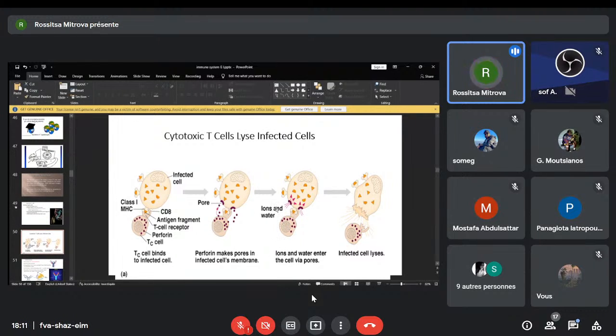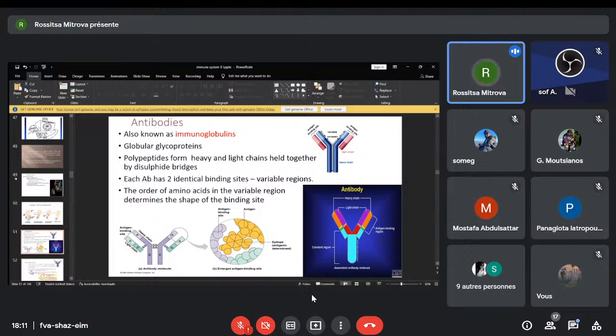So ions and water enter the cell, and the infected cell is lysed. Now we come to antibodies.